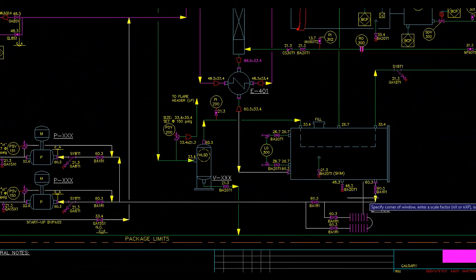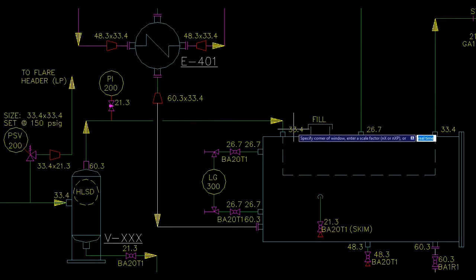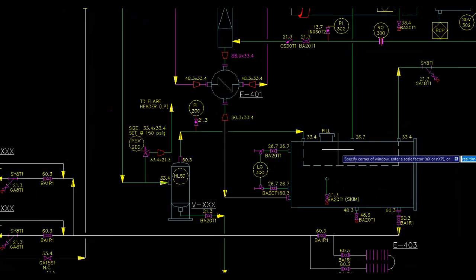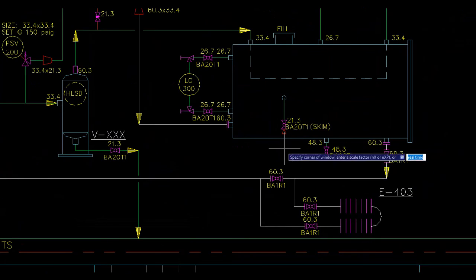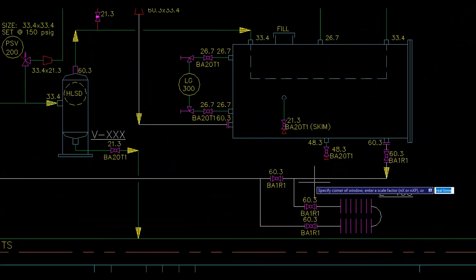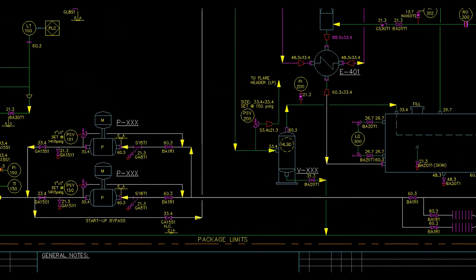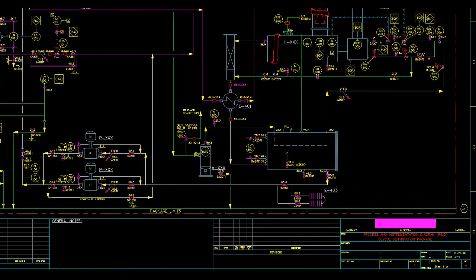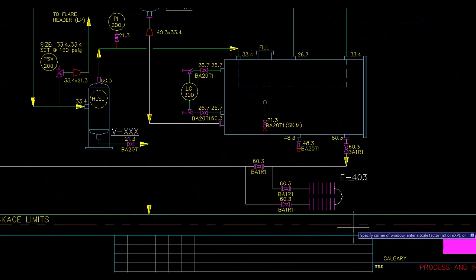It has a fill connection which is used for startup of the unit. Lean glycol is cooled further in this fin pipe exchanger, also called the air exchanger. By the time glycol comes out to the pumps, it's around 80 to 100 degrees Celsius. It makes sense even in Canada to use the ambient temperature to cool the lean glycol because it's cold in Canada.